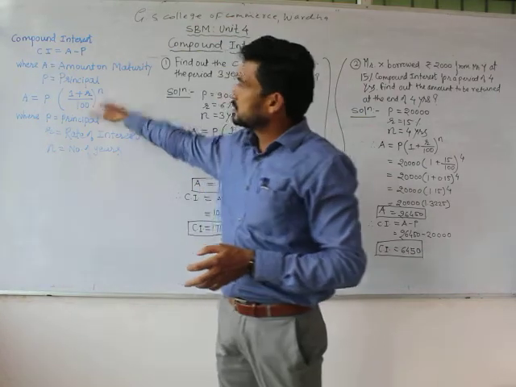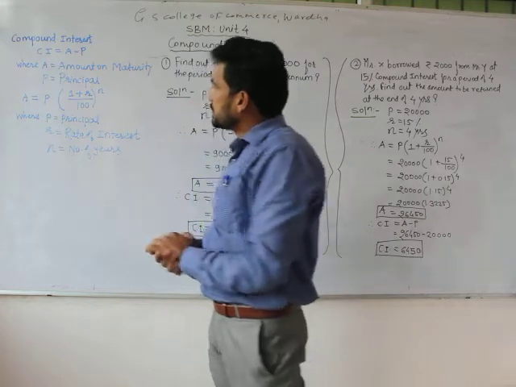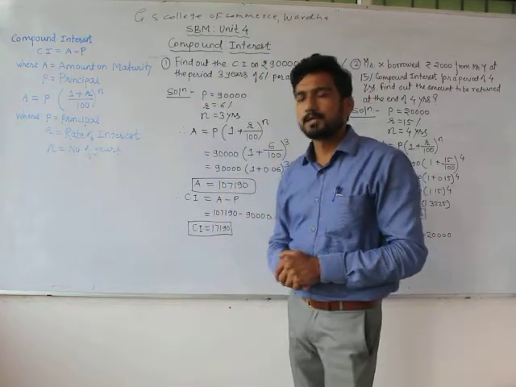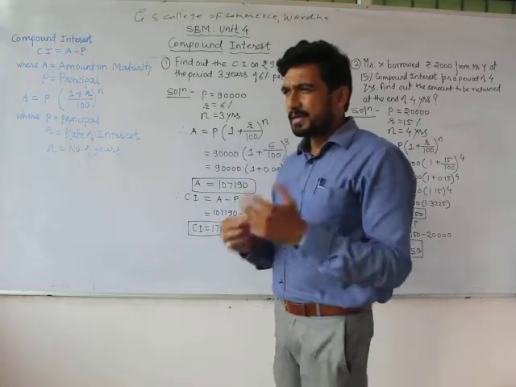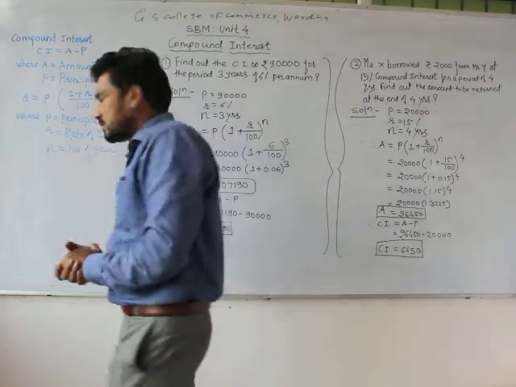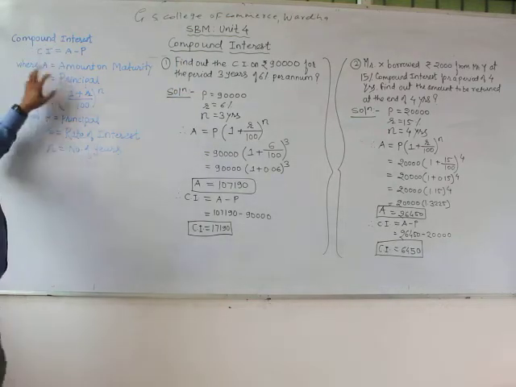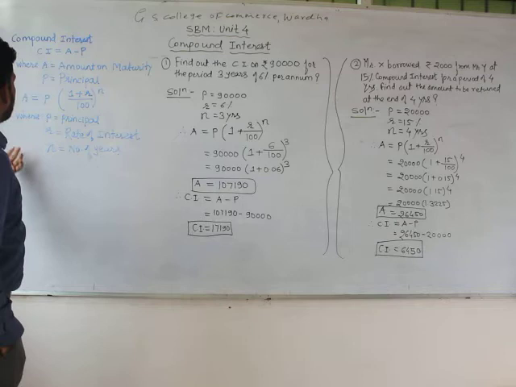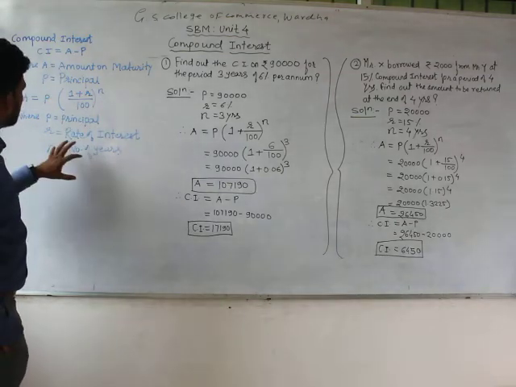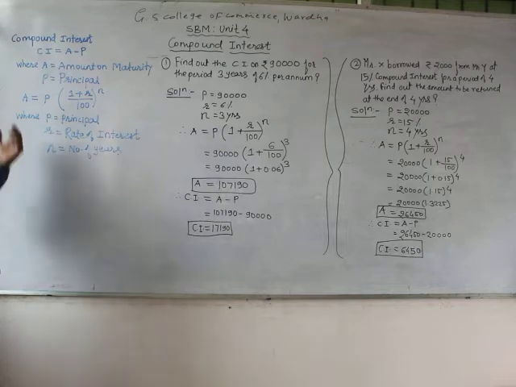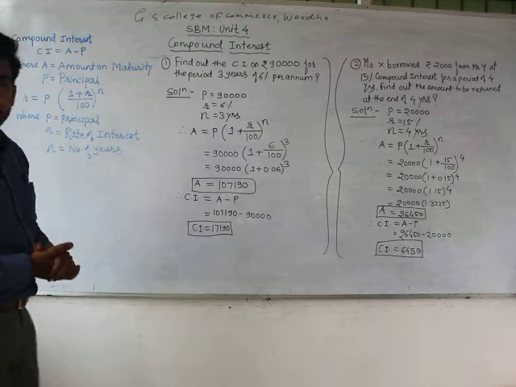For a compound interest calculation, we should have the amount on maturity and also the principal. The principal amount you will already have in your problem. For calculation of A, the amount on maturity, you have to use a formula, and after that you will have the amount on maturity. Using the amount on maturity and principal, you will have the compound interest.